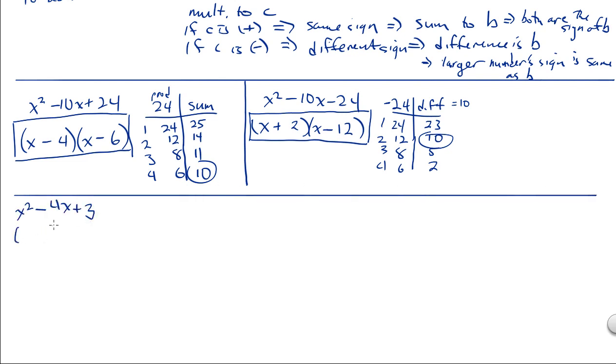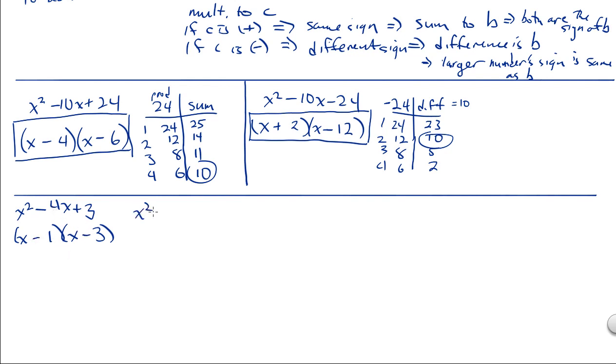Let's see if we can do this a little quicker. After a while, you can just start writing this first, and then think, okay, what two numbers multiply to 3? It's positive, so they have to sum to 4. Well, there's only one choice, 1 and 3, right? So if these don't add to 4, then this doesn't factor. Turns out they're both negative because it's negative 4, right?